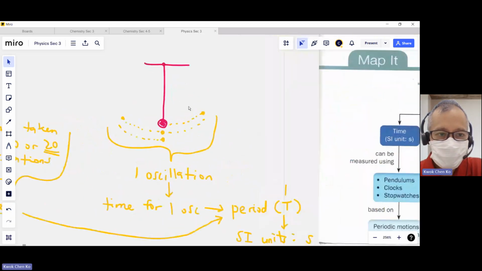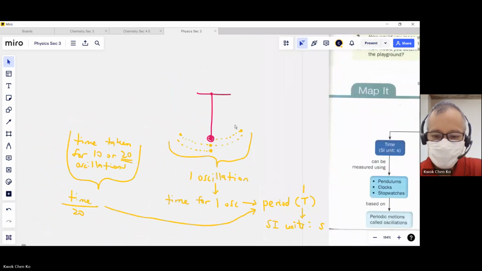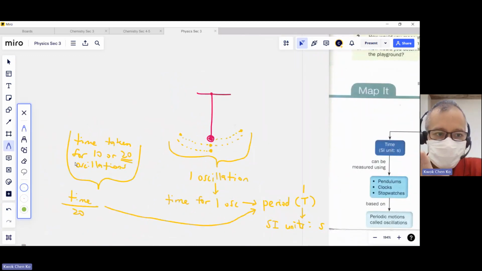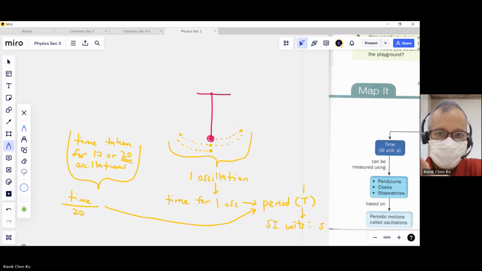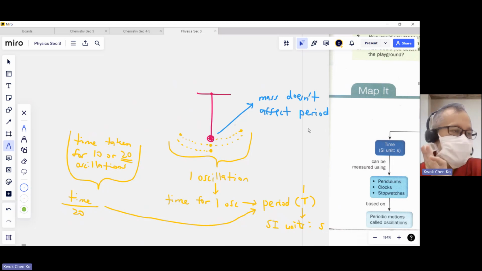Now, one other thing that you ought to know, for a typical pendulum, the mass does not actually affect the period, unless it's extremely light or extremely heavy.